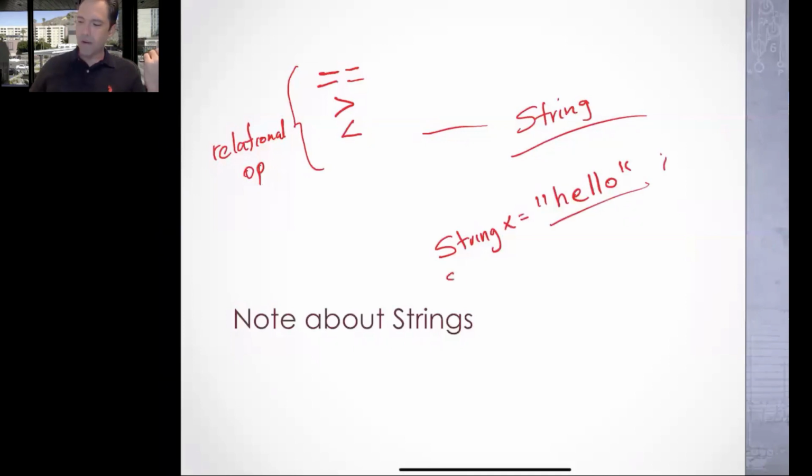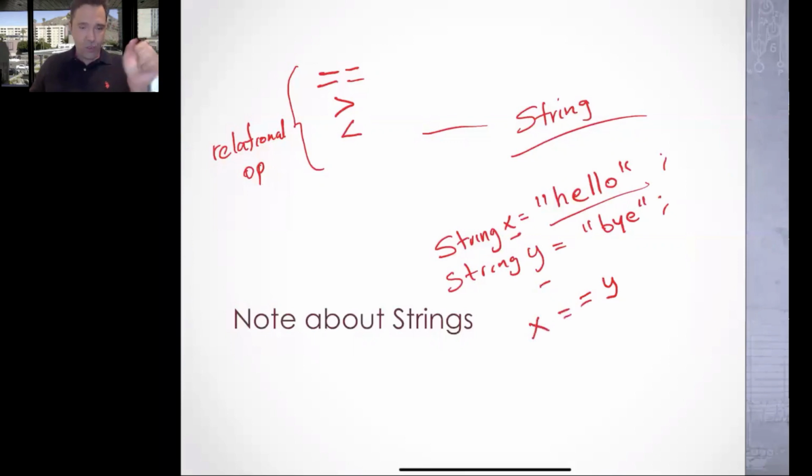What happens if you want to work with this X and Y and you want to check if they are the same? For instance, for an if condition, you want to compare two strings, like you ask the user for a password and you want to compare if the string that the user put as a password is the same password that you have stored in a particular variable. So you want to compare the strings.